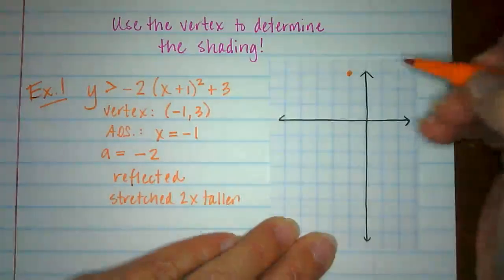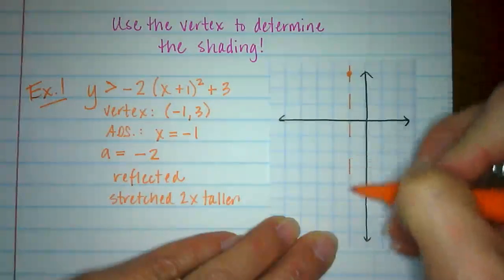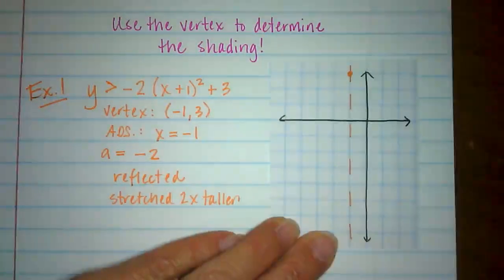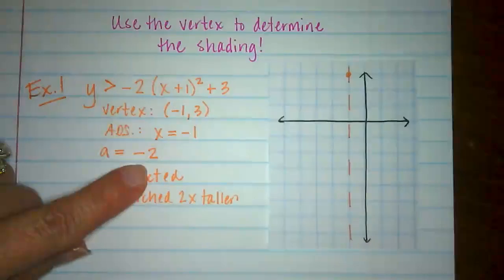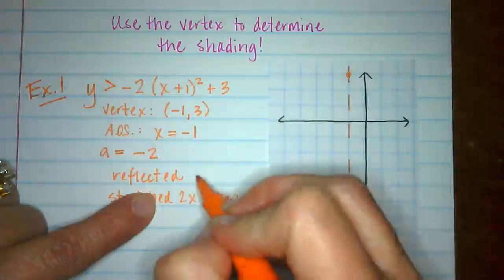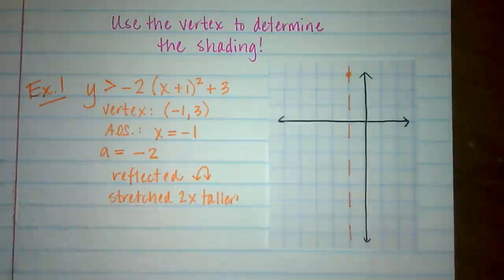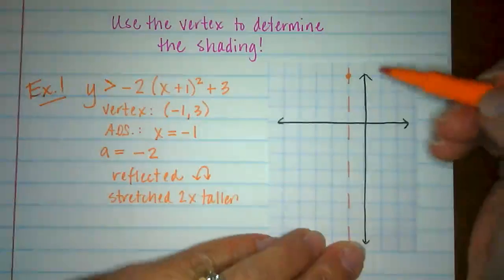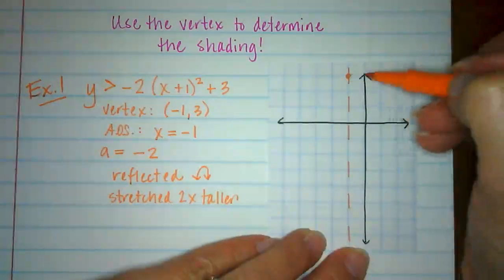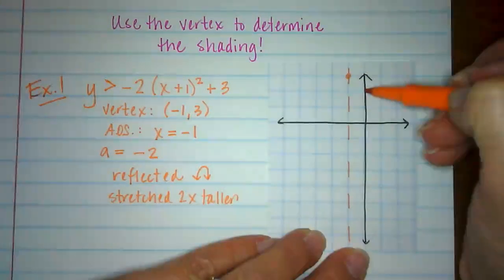And since we know that's the vertex, then we know that the axis of symmetry is right there. We know because of the a value that this parabola is reflected, so it's going to open downward, but it's stretched 2 times taller. A normal parabola would go over 1 and up 1. This one needs to go down twice as much.